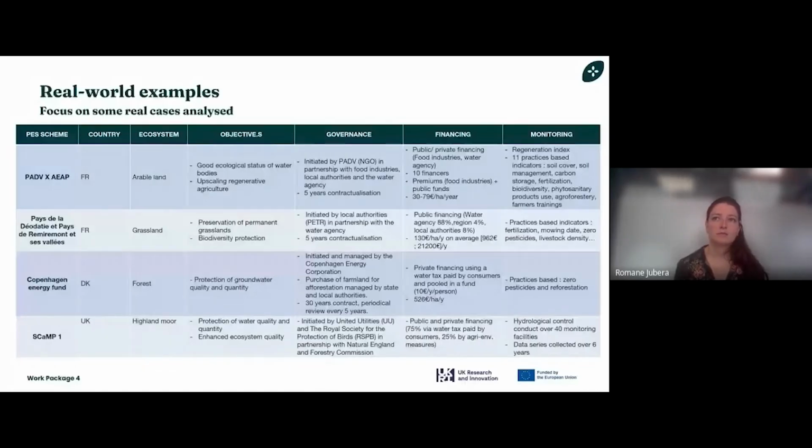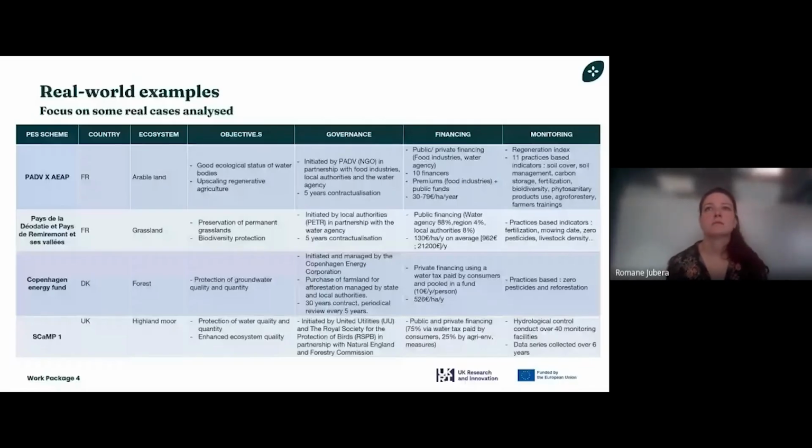We have different kinds of financing, whether public-private, only public, or only private, but the main focus of the PES we analyzed was a lot related to water quality and conservation.